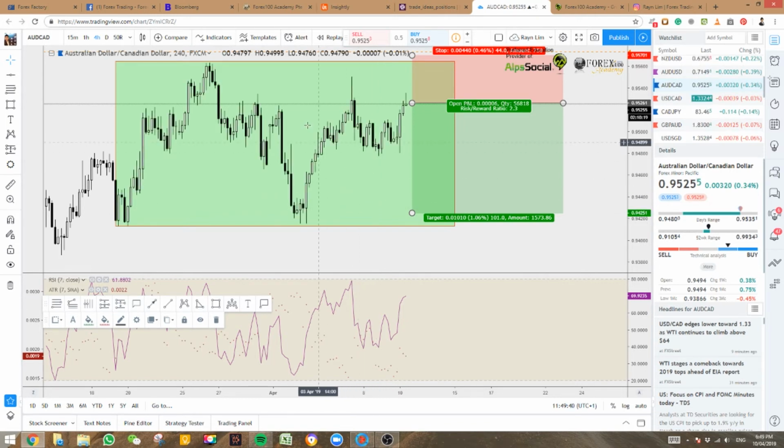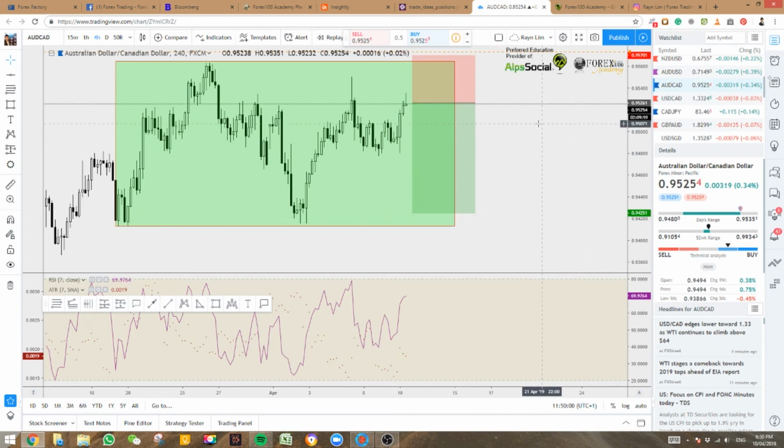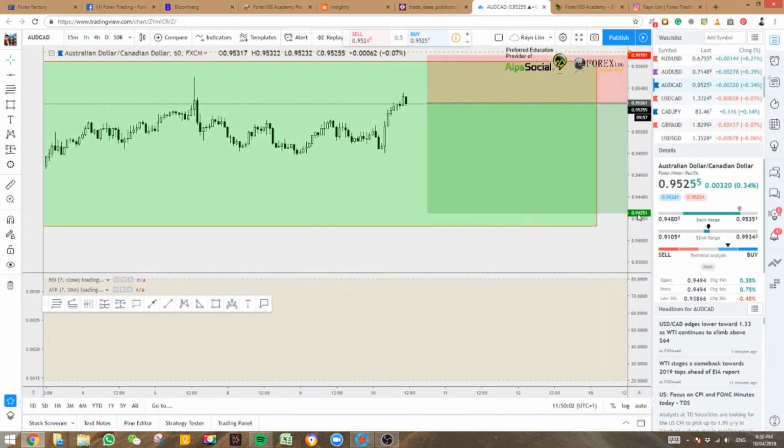What you can do is look for a shorting opportunity, market came down. Once the market reaches this price, you just shift stop loss to entry, don't do anything, then wait for the market to hit this price. So that is another way to maintain a great reward to risk ratio. Something for you to think about. So that's it. Head down to 1-hour chart.